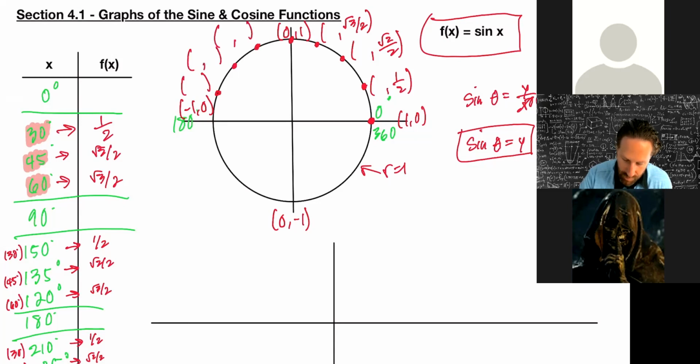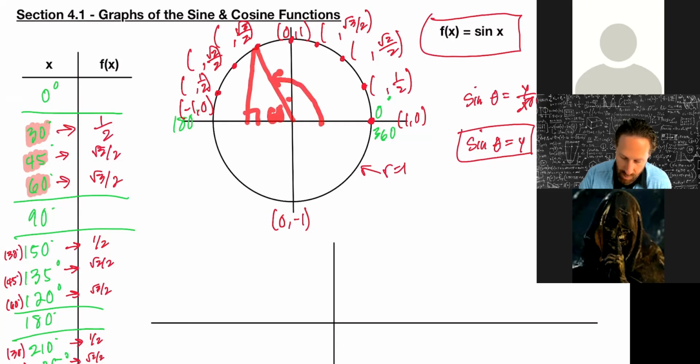But again, we already know these values, right? The 30 is going to be the 1/2. The 45 will be the √2/2. And the 60 would be a √3/2. And again, what I mean by the 60, talking about the reference angle, dropping it to here, this would be a 60-degree angle.